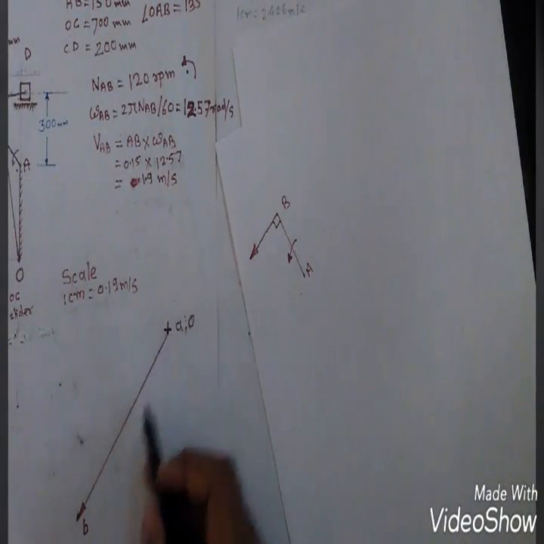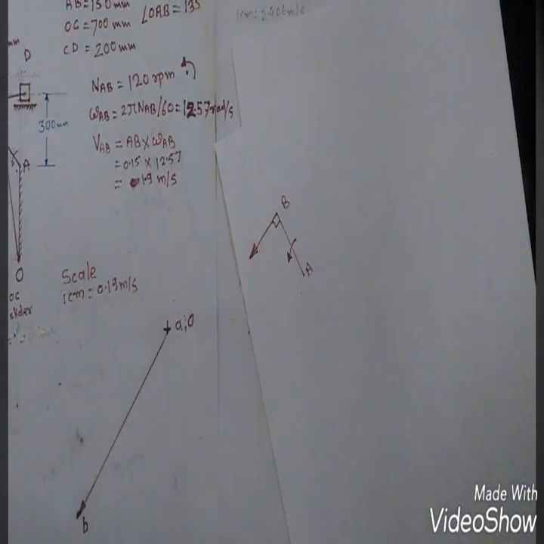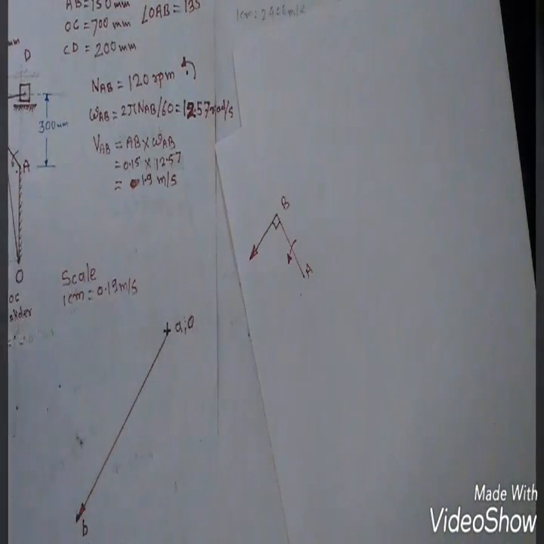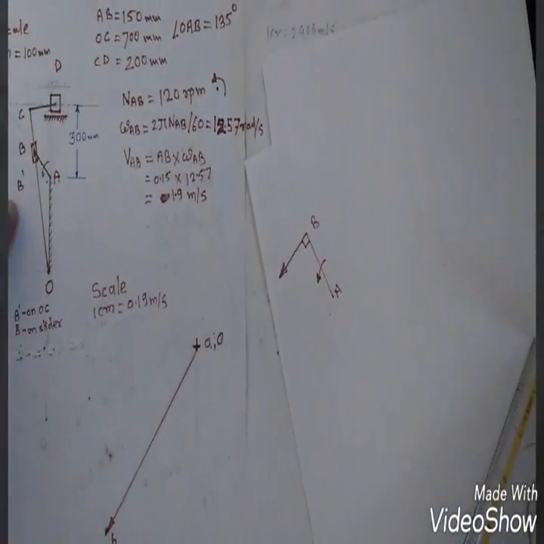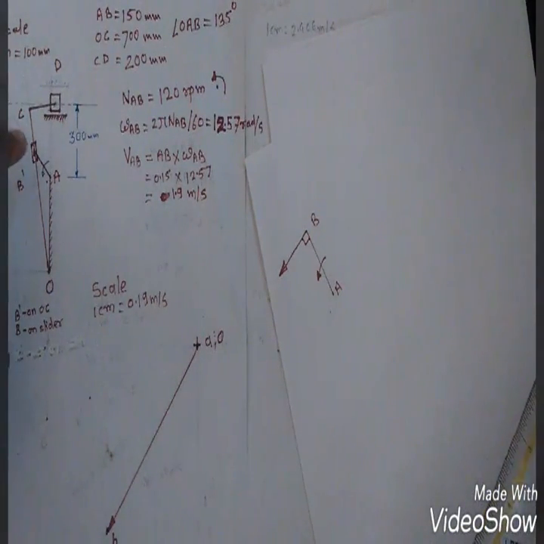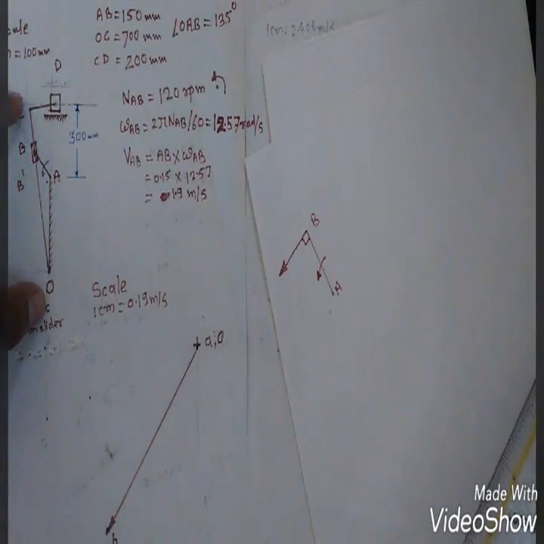After drawing vector AB, we have to move towards point B dash. While moving from B to B dash, we have to draw a vector for a slider. This slider is sliding on link OC.